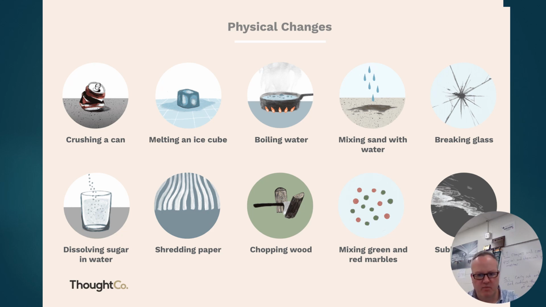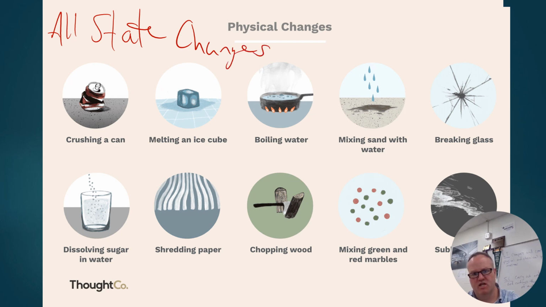So here are some more examples of that. You can see mixing things together like Kool-Aid or sugar and water. If you shred paper, chop wood, dissolve things, crush a can, melt an ice cube. Oh, by the way, let me go ahead and just say that right now. All state changes are physical changes.